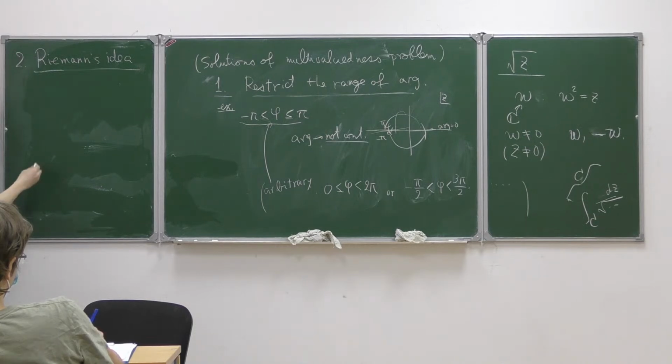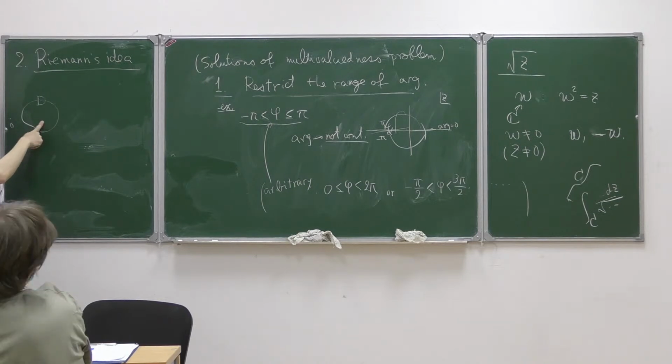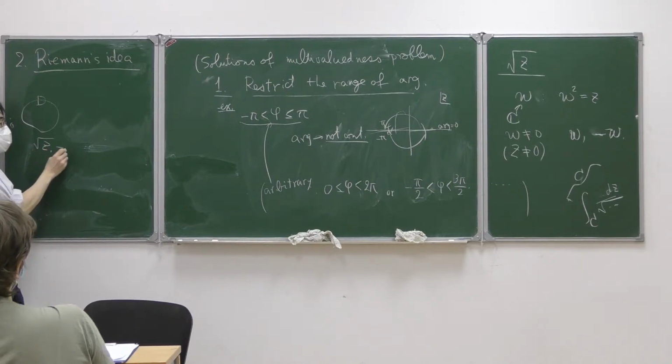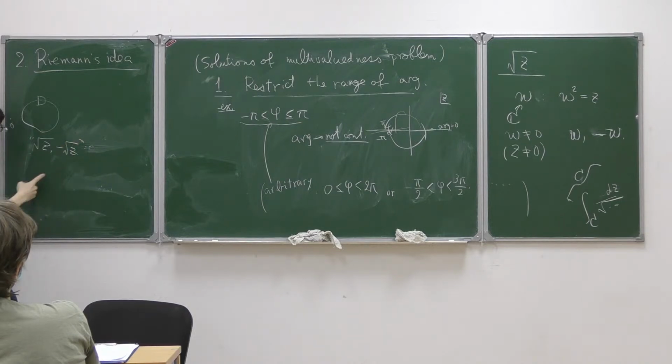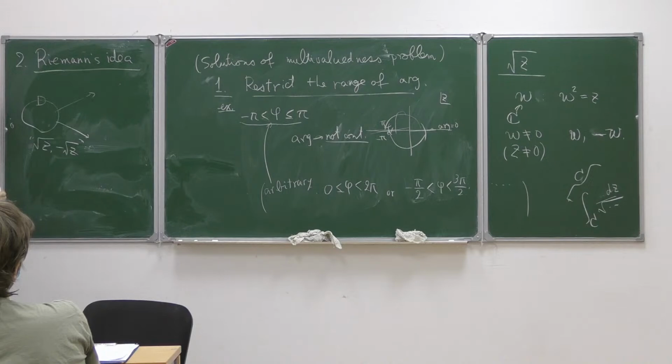What is that? Well, if we consider the square root on a domain which does not include 0 and is sufficiently small, we obtain 2 possible values. So let's split this domain into 2.